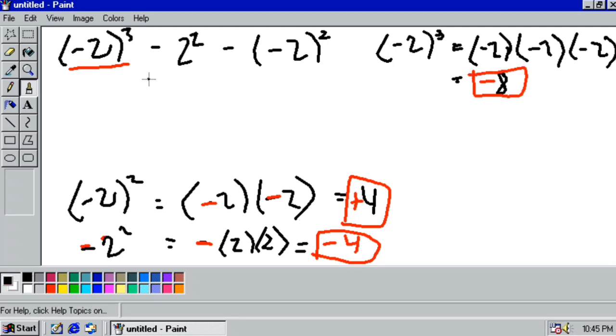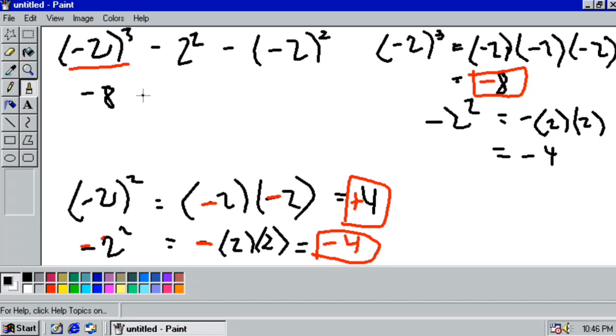And now, the quantity of negative 2 cubed is negative 8. And then minus 2 squared, or this. So this should look like this. It's equal to negative on the outside and then 2 times 2 on the inside. So negative 2 times 2 is 4.